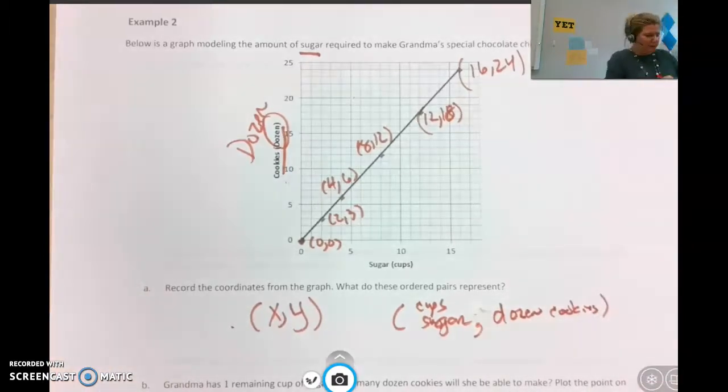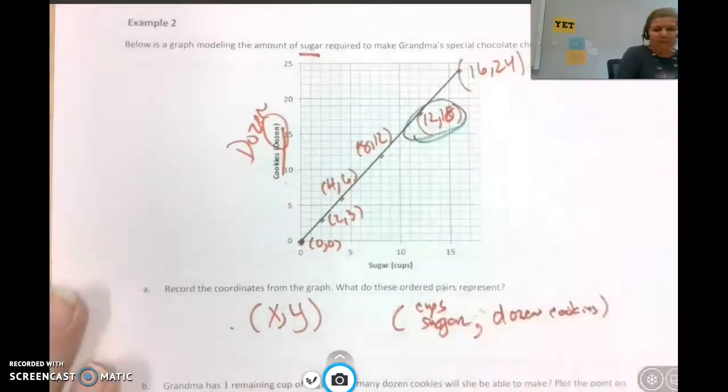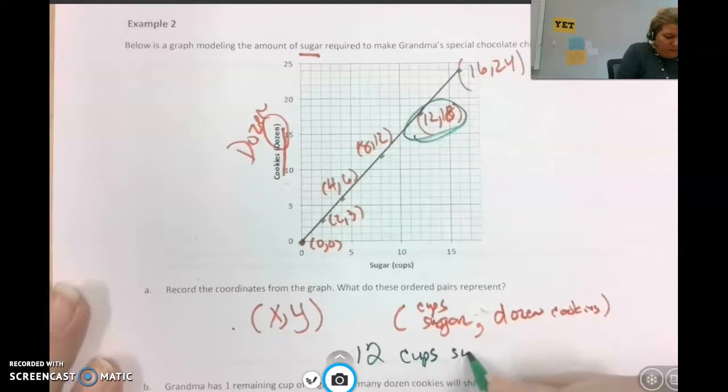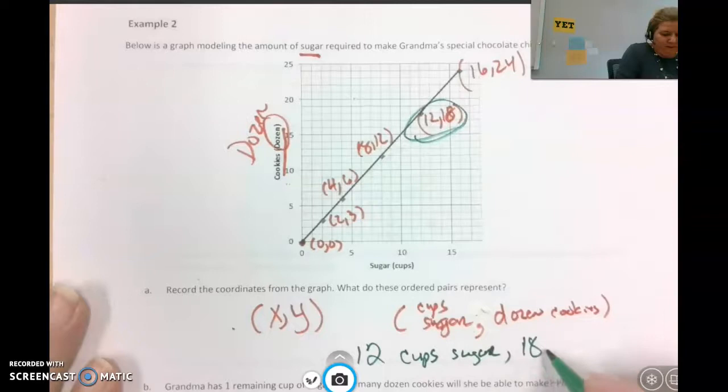We will pick one point and write down specifically what it means. Let's randomly pick one. That means that 12 cups of sugar is needed for 18 dozen cookies.